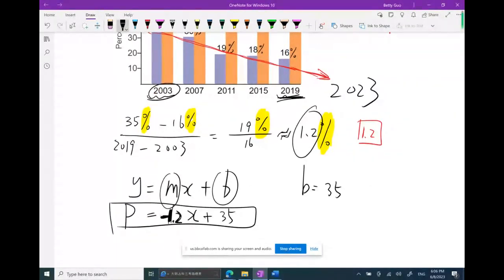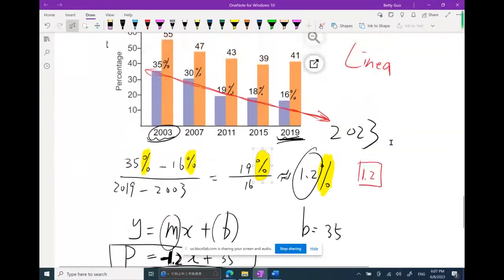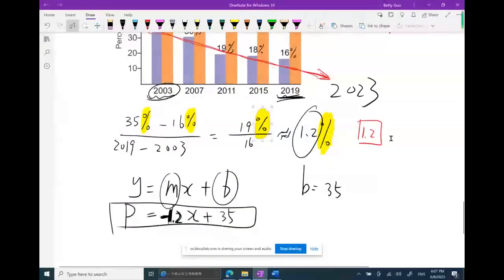And the years in the graph are from 2003 to 2019, right? If the trend continues, what does that mean? It means every year the percentage of trust in government would fall 1.2%.